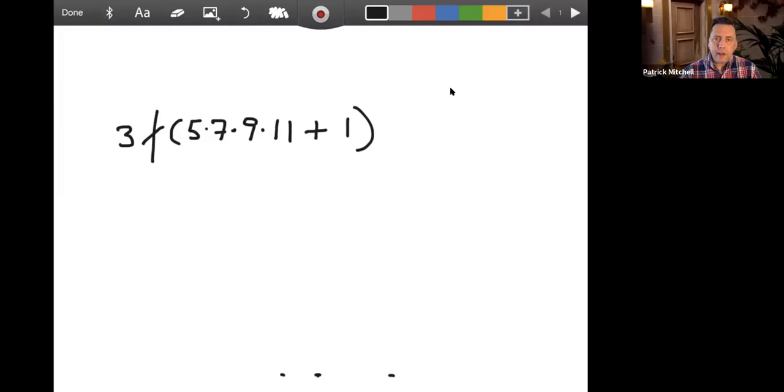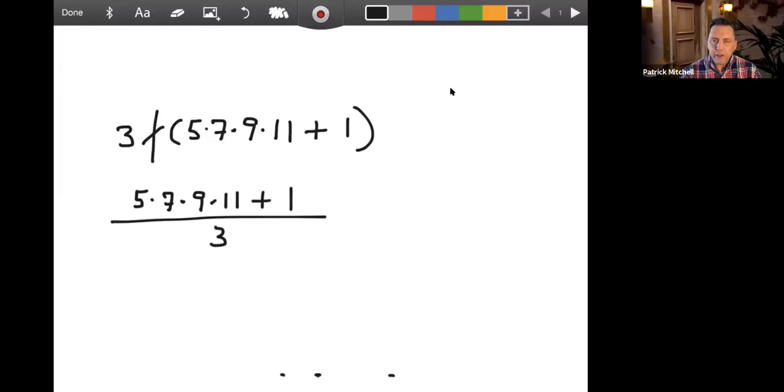So let's think about this. The question is, when you divide the number 5 times 7 times 9 times 11 plus 1 by 3, do you get a remainder?